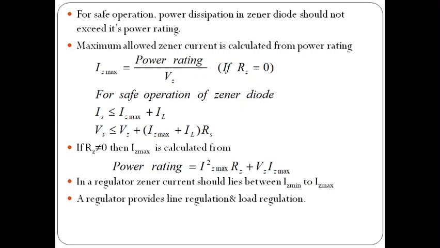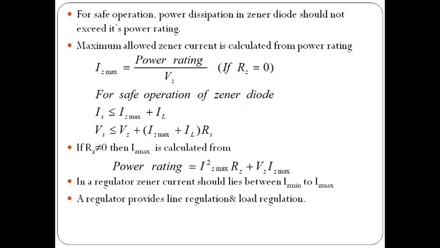In this, if the supply voltage increases, in the first case I am assuming the input voltage increases, that means the supply voltage increases. So when the supply voltage increases, what happens? The total current I increases, Is increases, but IL is constant. When we are assuming the input supply voltage is varying, we need to consider the load current constant.